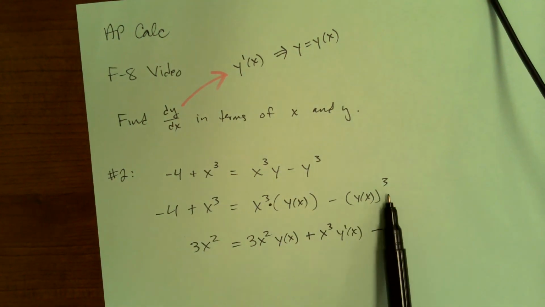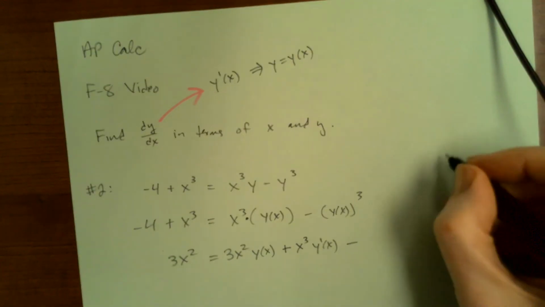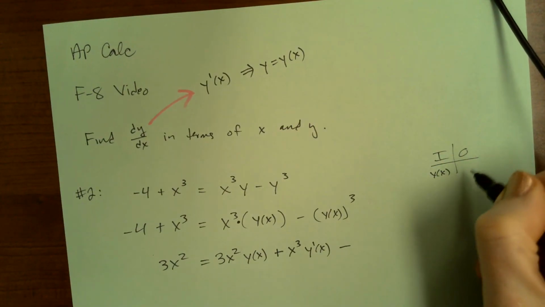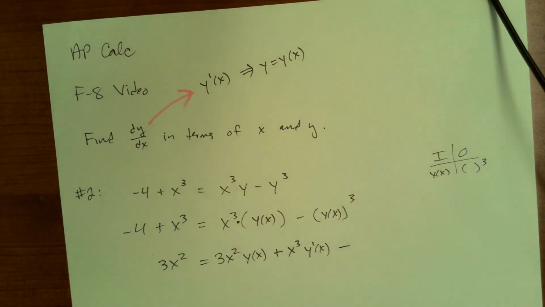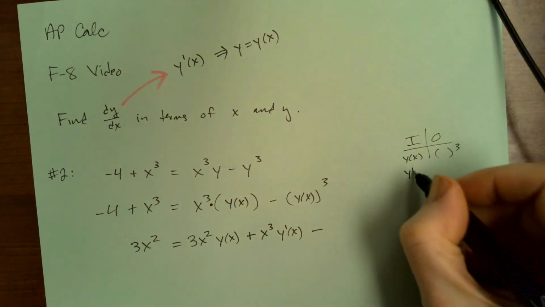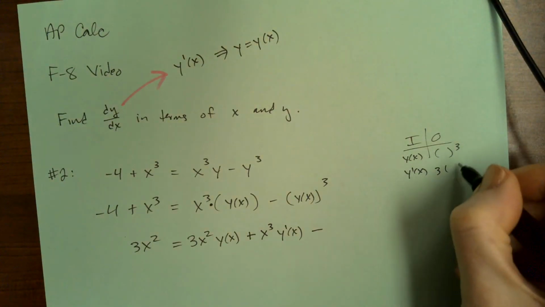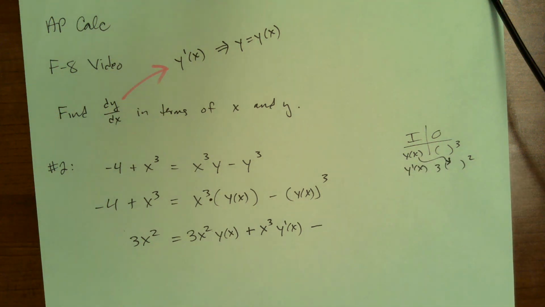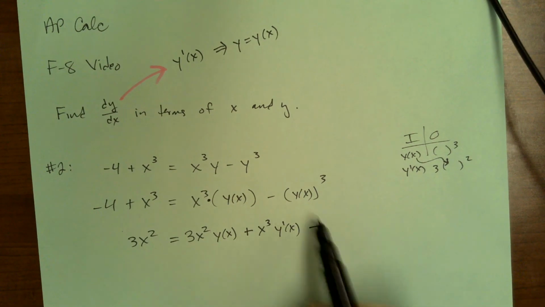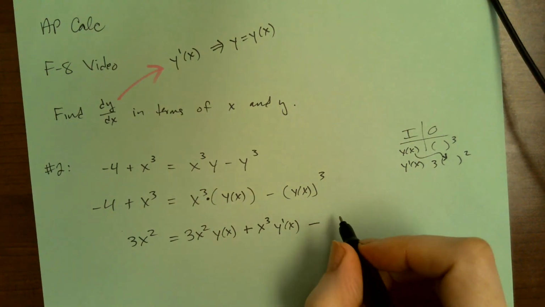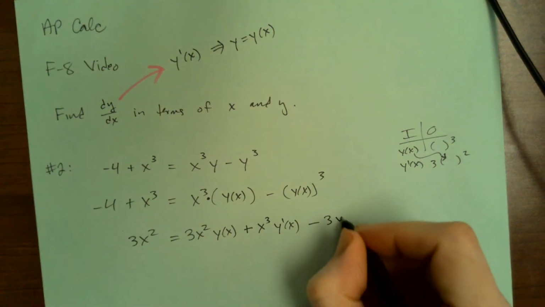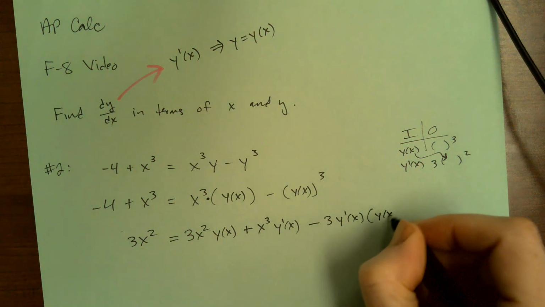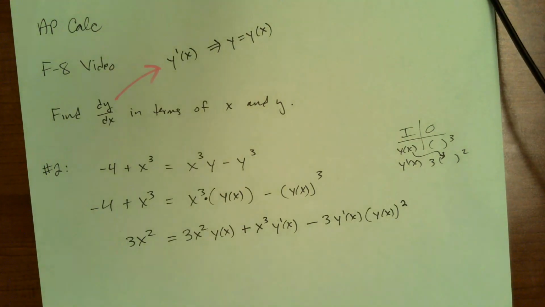Then for this derivative, we need chain rule. So y of x is the inside, blank to the third is the outside. Y prime of x, 3 blank squared, and the y of x goes back in there. So the derivative of that term is 3 y prime of x, y of x squared.